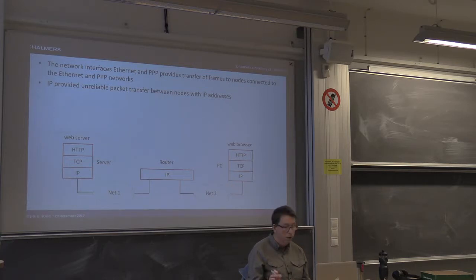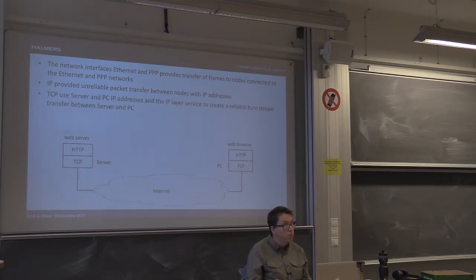Doesn't matter, right? So IP provides this picture to TCP. It provides just a big network which is able to transmit IP packets. And TCP doesn't care whether this is over one network or several networks, because that is all abstracted away by the IP layer.